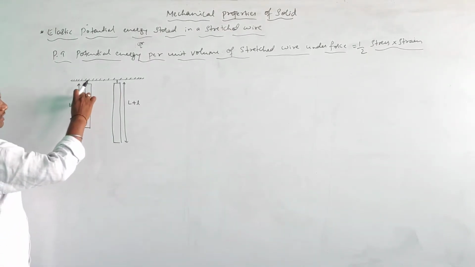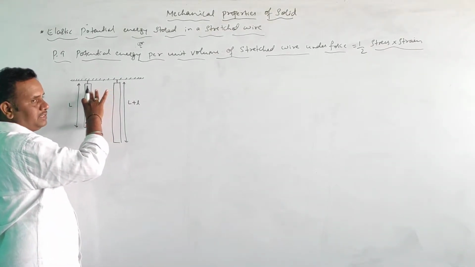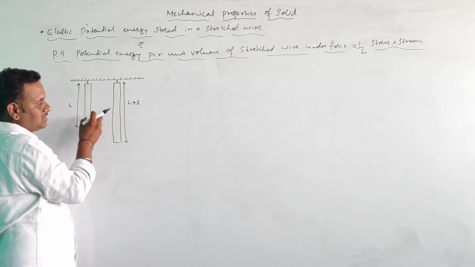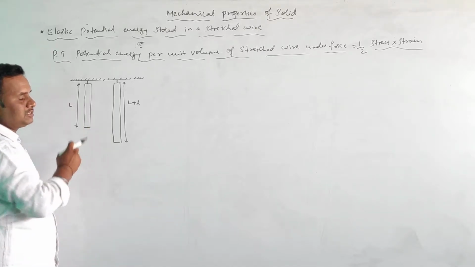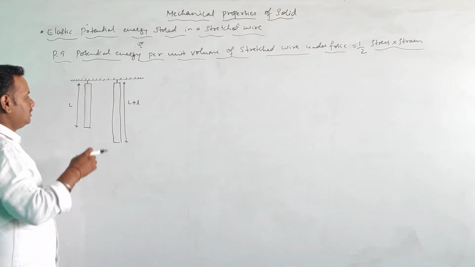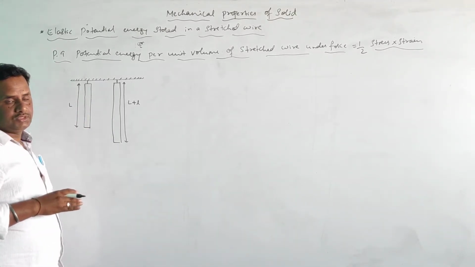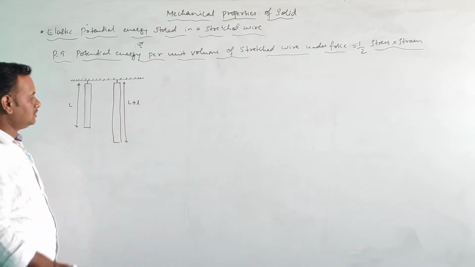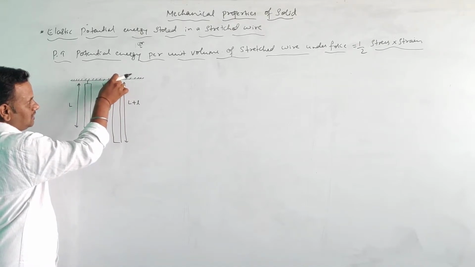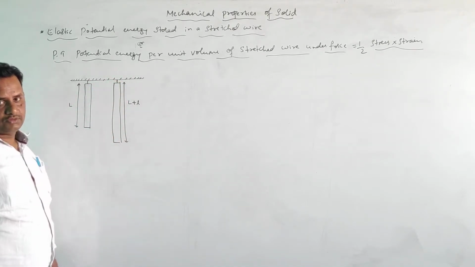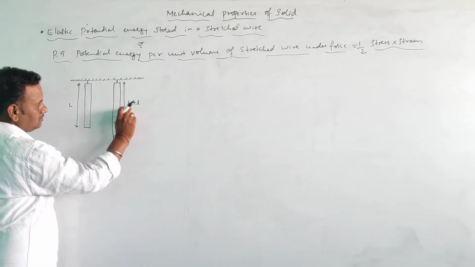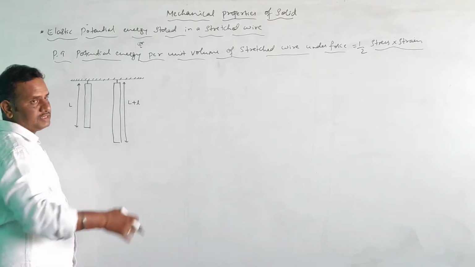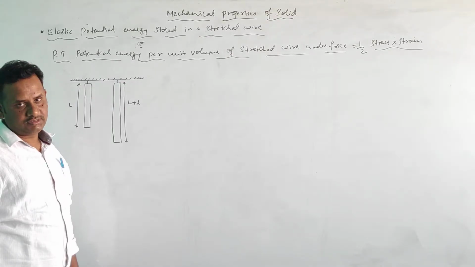Say for example the length of the wire is 15 centimeter. Now the force is being applied here. Due to this force, a strain is being produced, so there will be a change in the dimension of this wire. The length is changing. So 15 centimeter, after stretching, will be increased to 15.5 centimeter.